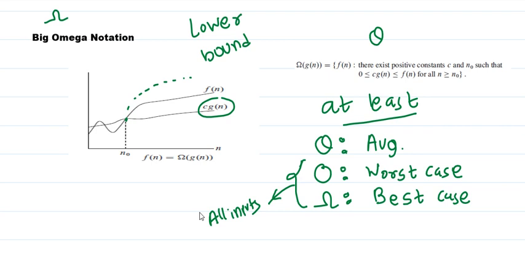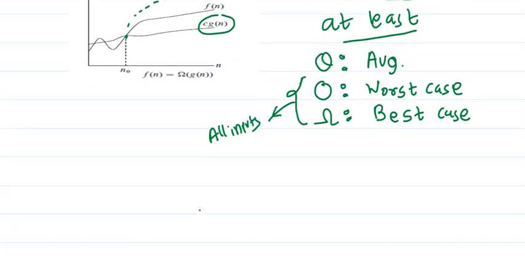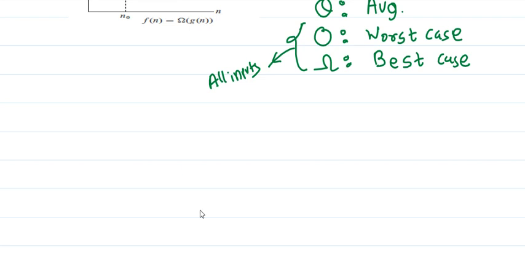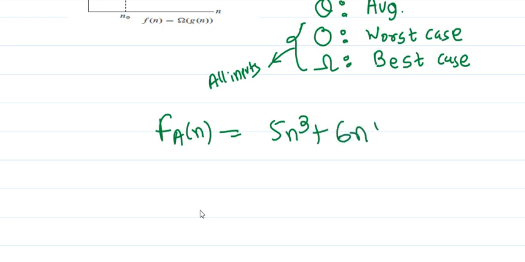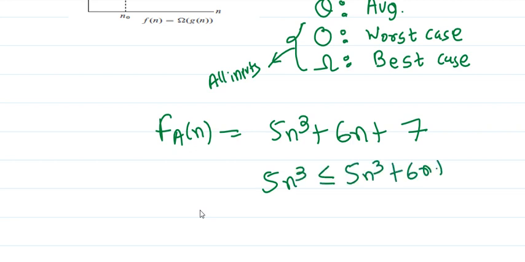The idea is, again, we need to find two values c and n naught such that this particular relation is true: 0 is less than or equal to c times g of n, which is less than or equal to f of n. So let me take one function, let's say f a of n equals 5n cube plus 6n plus 7. Straight away we can write that 5n cube is less than or equal to 5n cube plus 6n plus 7.